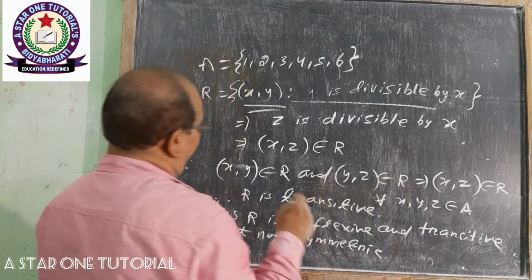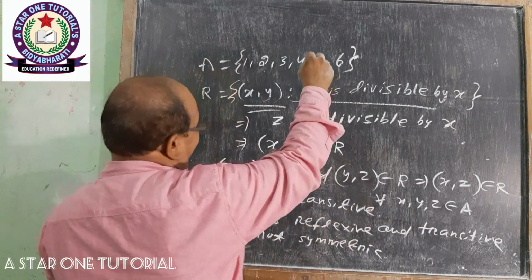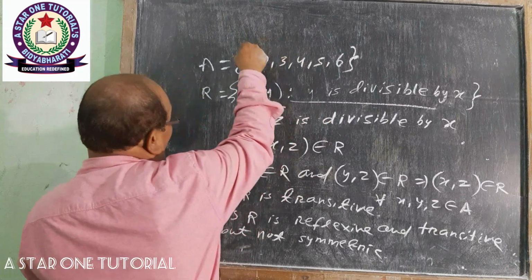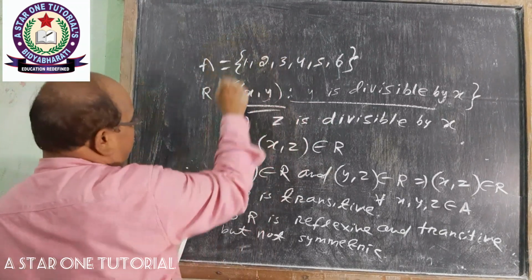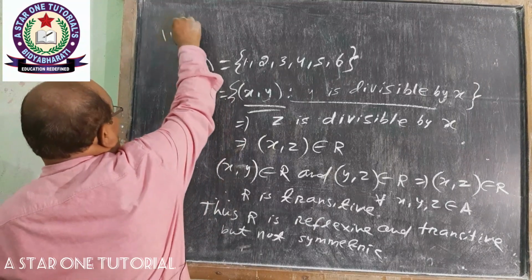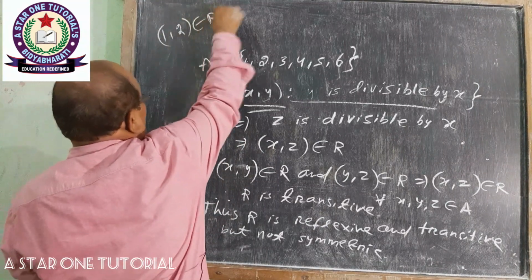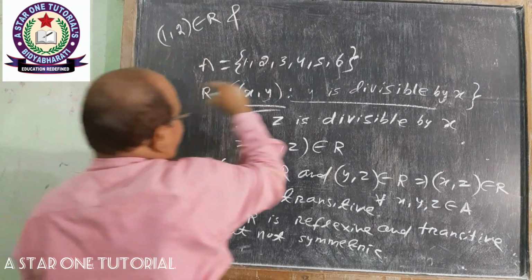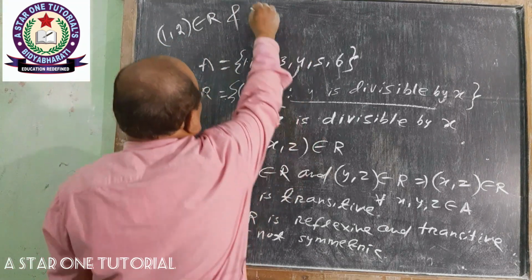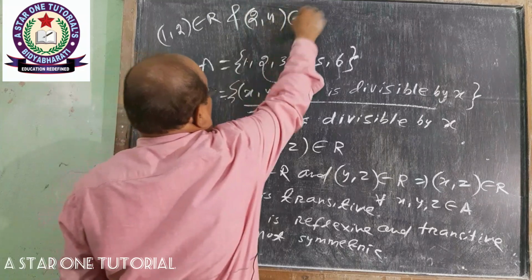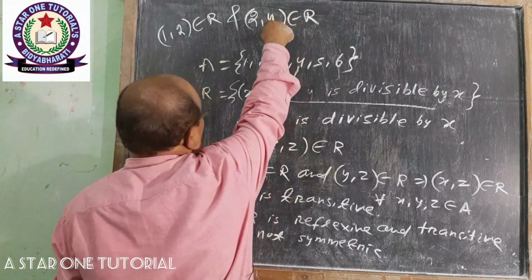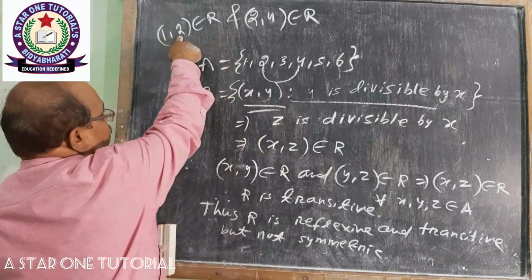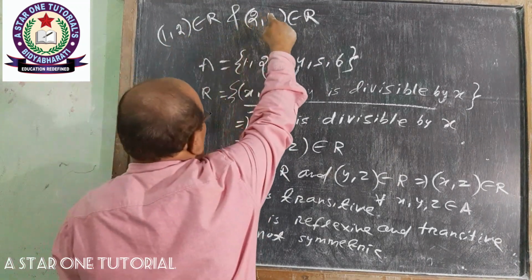Take an example here. You know that the ordered pair (1, 2) belongs to R. Why? Because 2 is divisible by 1. And take (2, 4), which belongs to R. Why? Because 4 is divisible by 2. 1 is related to 2 and 2 is related to 4.